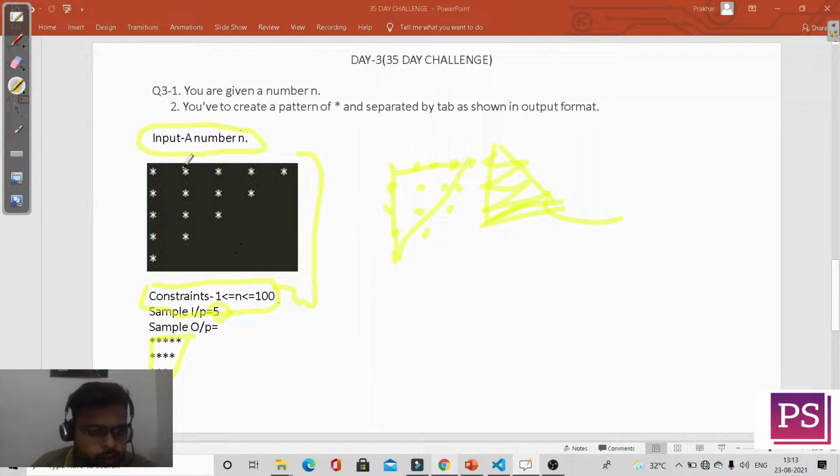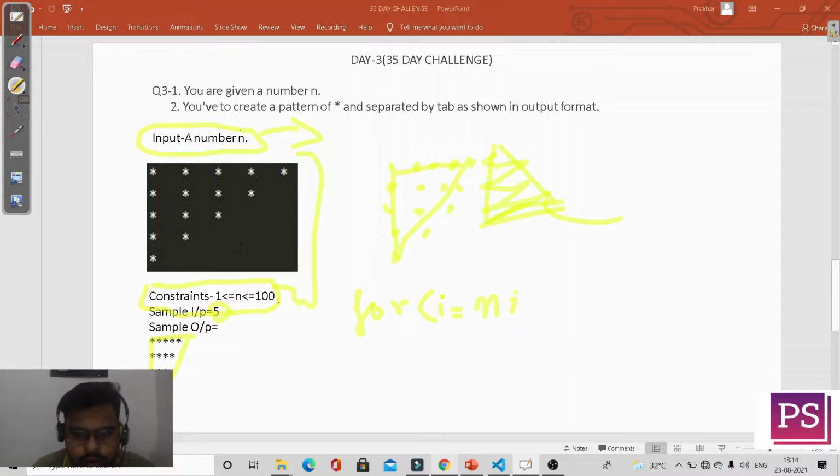For this, we first have to take an input from the user, that is n, and then we have to use a for loop. For i equals to n, because in the first row we have to print 5, so we can take i equals to n.